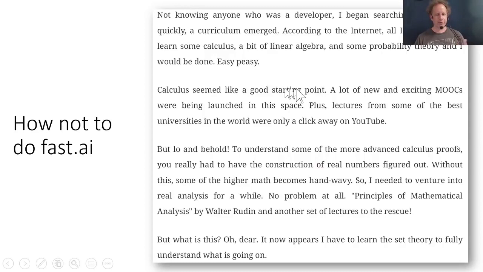So he started with calculus. And then once he got to a certain point in calculus, he found that he had to start understanding real analysis. And then as he started understanding real analysis, he found he had to learn set theory, and you get the idea, right? If you want to learn all of math, that's going to take a while.